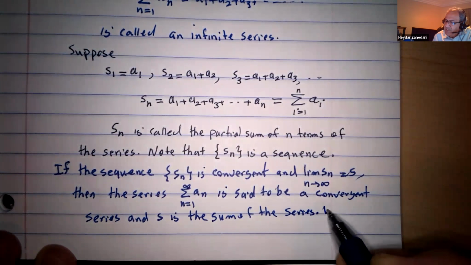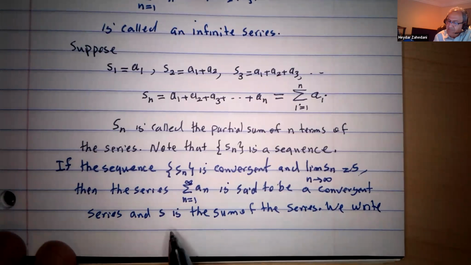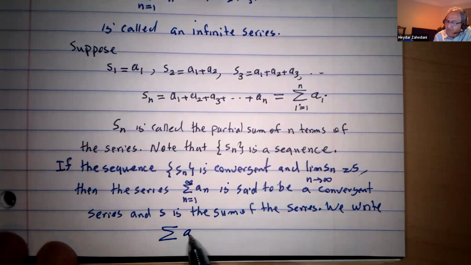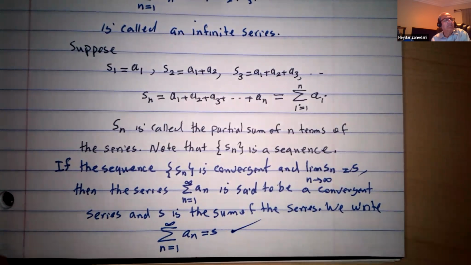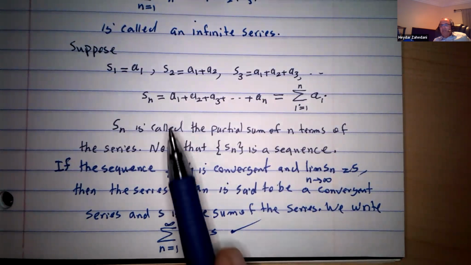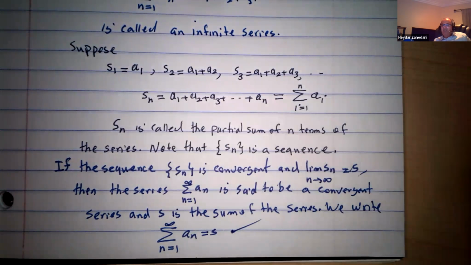And in this case, if you can find this sum, you write that sigma of An, n from 1 to infinity does exist and is equal to S. This is how we nicely solve the problem that I talked about. The problem is you cannot add infinitely many numbers together, so we say we are not going to do it.